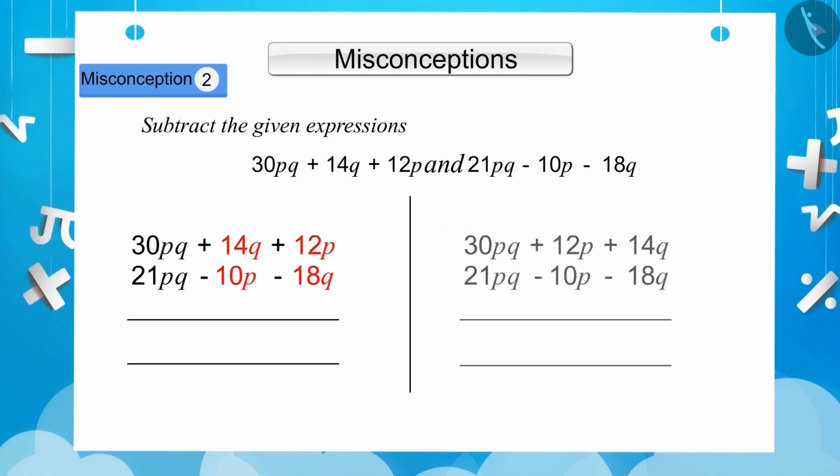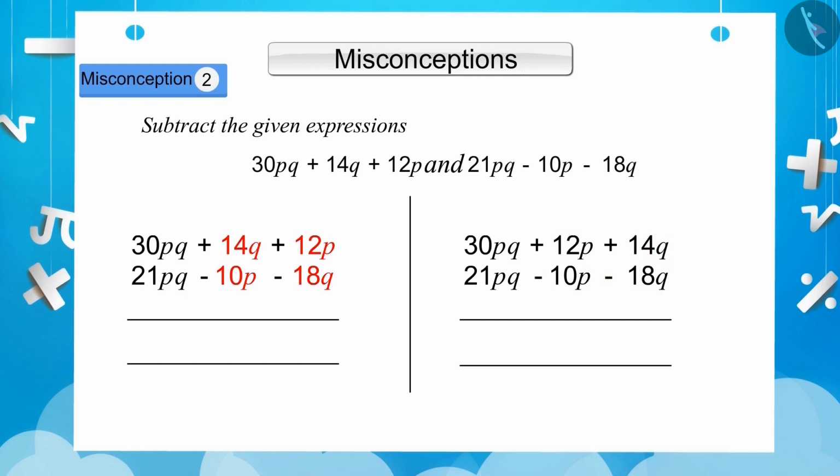We place the expressions one below the other in such a way that the like terms remain in the same line. Here, we have 21pq below 30pq, and we will keep -10p below 12p and -18q below 14q.